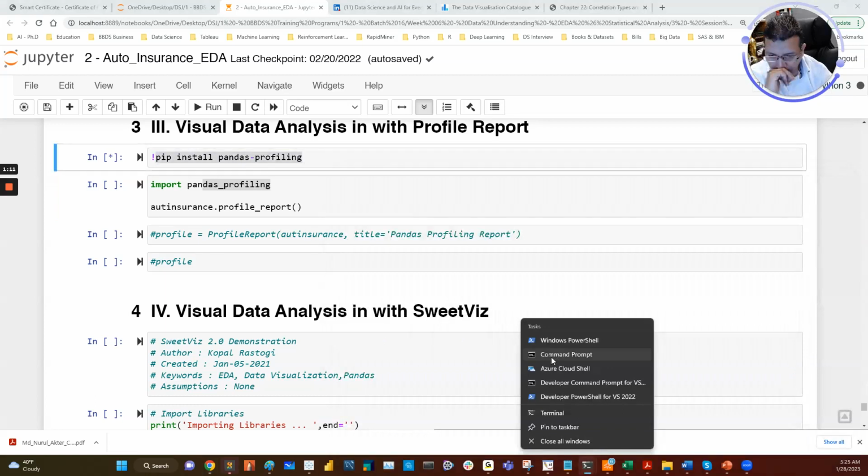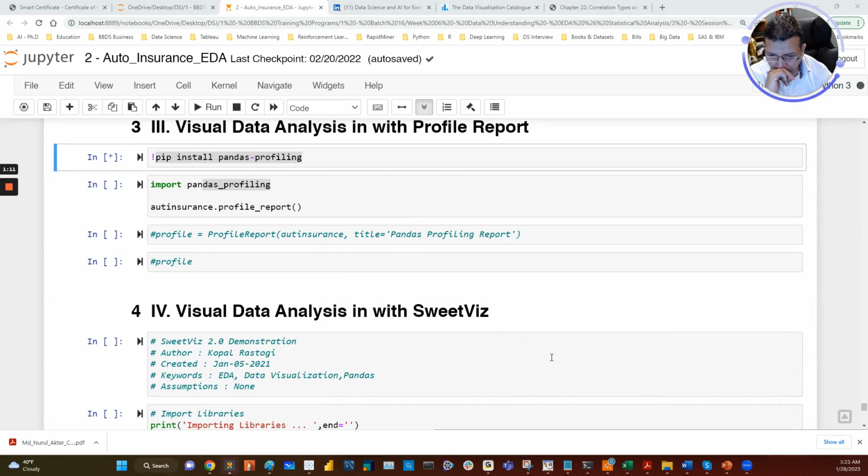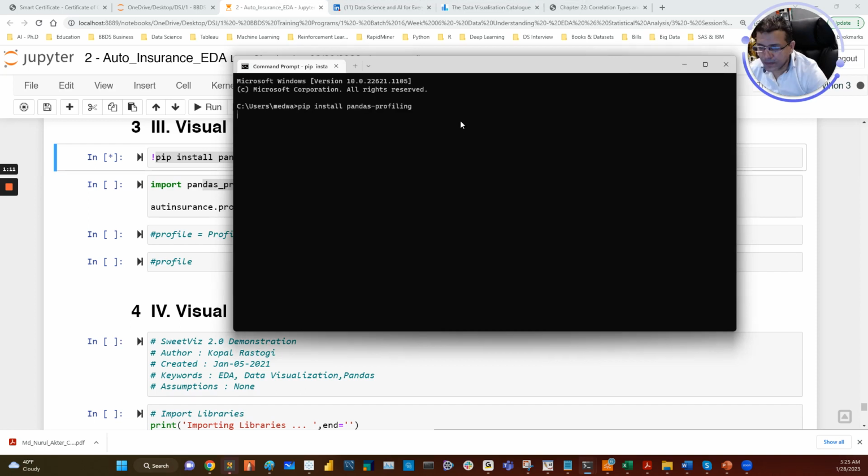Okay, a few more minutes, then we should have this. It's a beautiful report. Here we go. It's done. Okay, run it again. Now we are going to import the pandas profile.